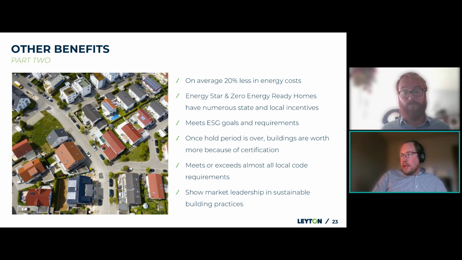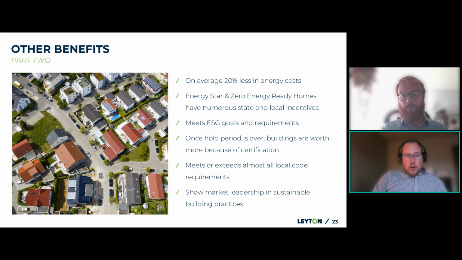So the other half of this is a little less on the fiscal end, but there's lots of benefit here just simply for including these programs within your affordable housing developments. Clearly there's a reduction in energy costs and operating costs. So utility bills for the property are going to be lower, which is easy on developers as far as operational costs.